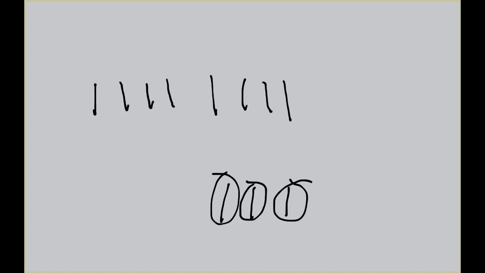Well, these have placeholders, just like they do in the decimal system. So in the decimal system, if I write 111, we have the ones place, the tens place, and the hundreds place, right? We learned that in 2nd grade, probably, 1st grade.